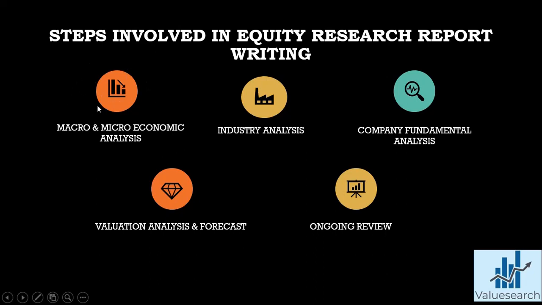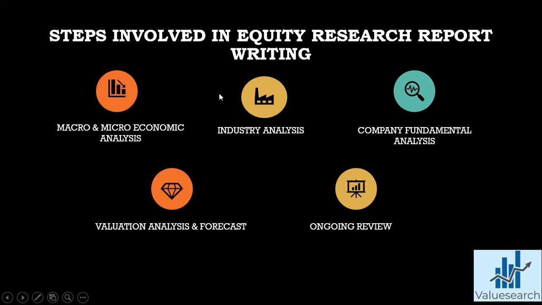So the first thing that you must consider is analyzing the macro and micro economy. First you must analyze macroeconomy and after that you must analyze microeconomy. After that the second step is industry analysis.